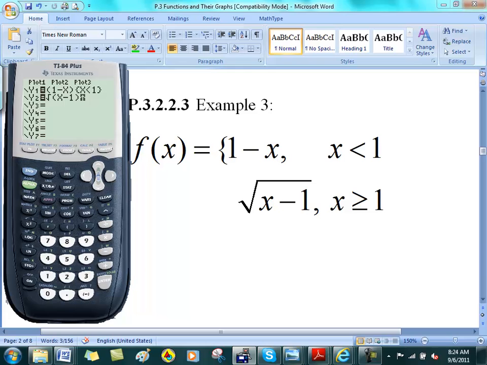Curly braces, and x is greater than or equal to 1. Everybody know how to get the greater than or equal to? Number 4. And greater than or equal to 1. Close the braces.